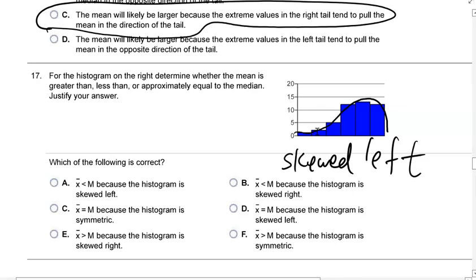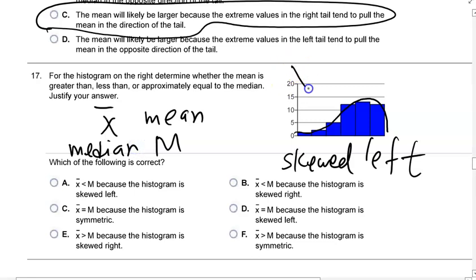Therefore, in this case, the median is larger because it is skewed left. And notice that in this question, x bar is for the mean and M for the median. Therefore, here x bar is smaller than the median. In other words, the median is larger when the data is skewed to the left.